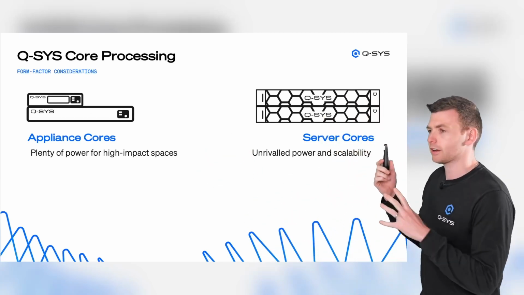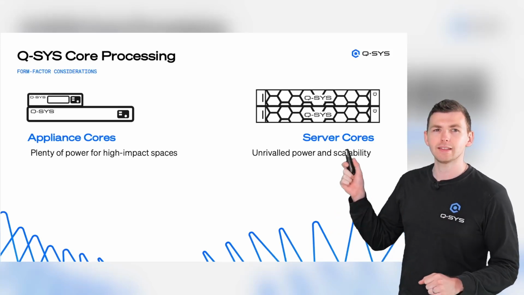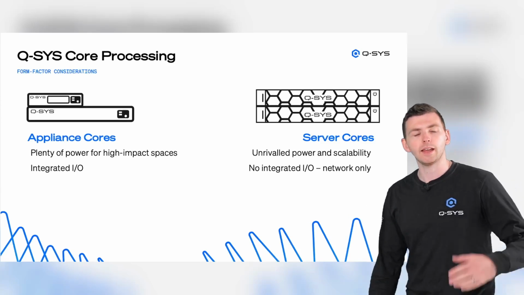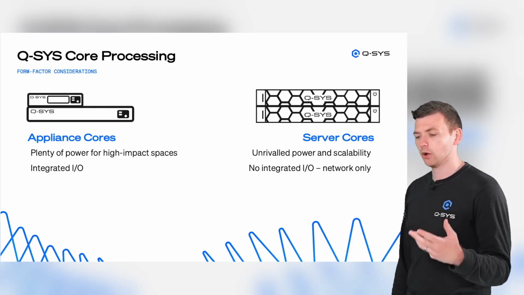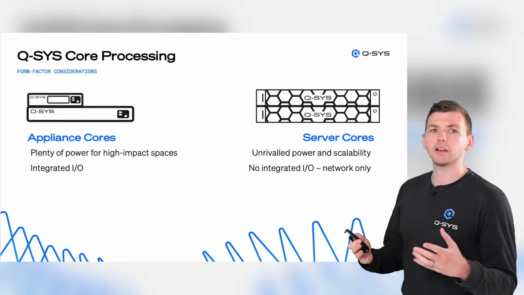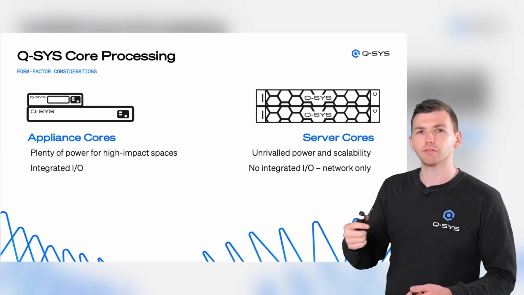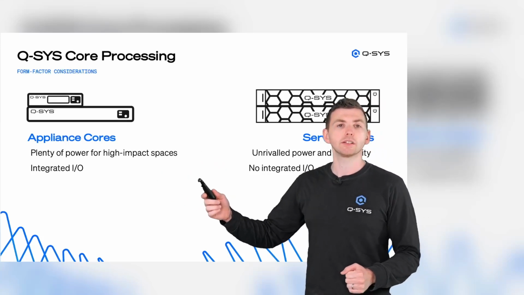Server cores, they're a little bit different, okay? They are all about power and scalability. That's really their USP, if you like, with the server cores, the bigger ones. Now, also, they differ in the input and output capability. So because appliance cores are designed to be usually located in the room, probably connected physically to a few other audio, video, control devices, they've got integrated I/O, as we'll see.